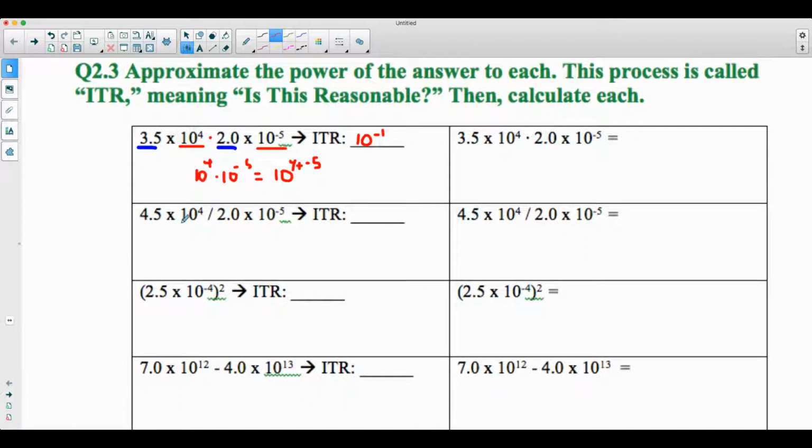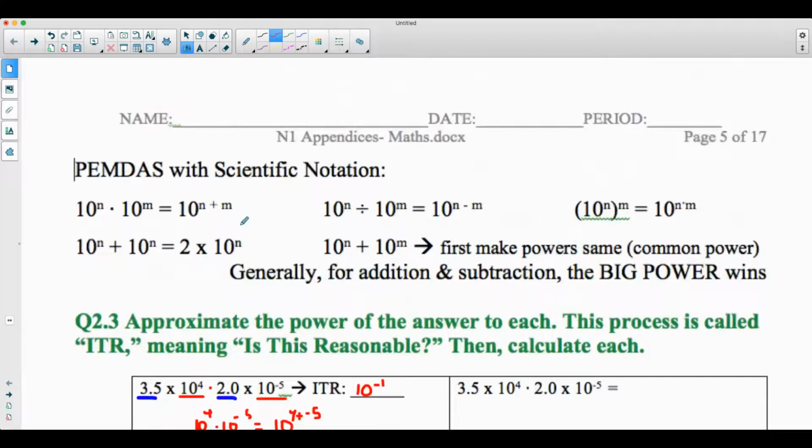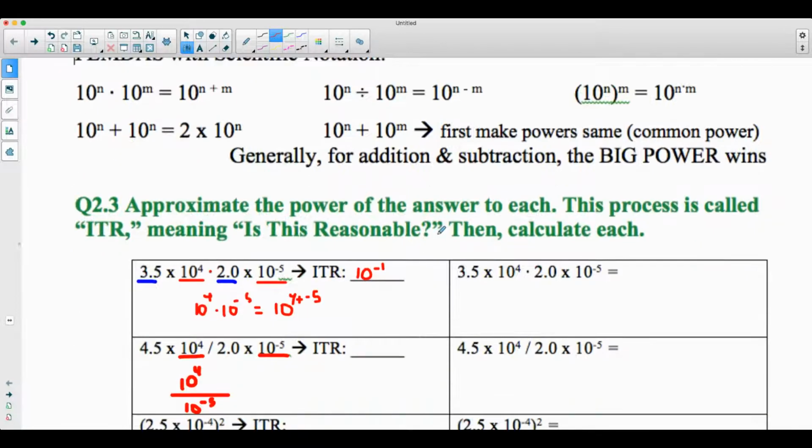This one is 4.5 times 10 to the 4th divided by 2.0 times 10 to the negative 5th. So this is a division. Again, we can approximate these as 10 to the 4th and 10 to the negative 5th. If we divide these two, the rule, which you should know, is that when you divide, you subtract the exponents.